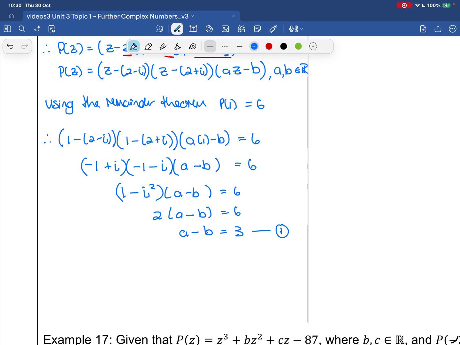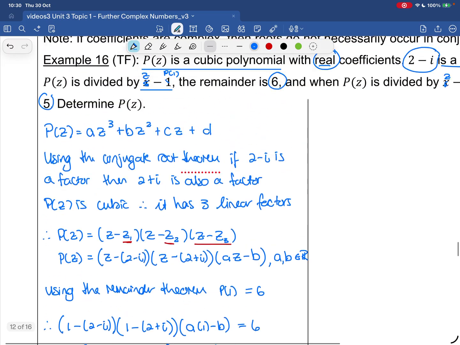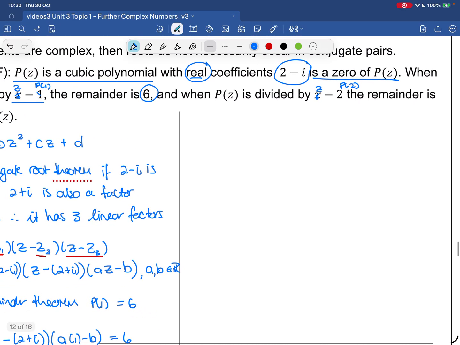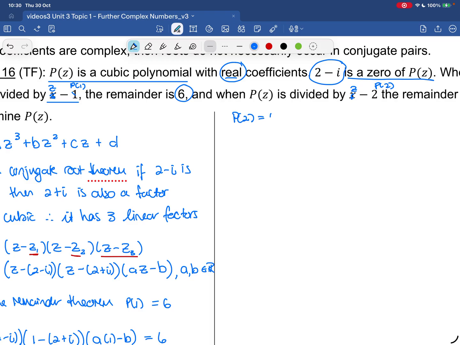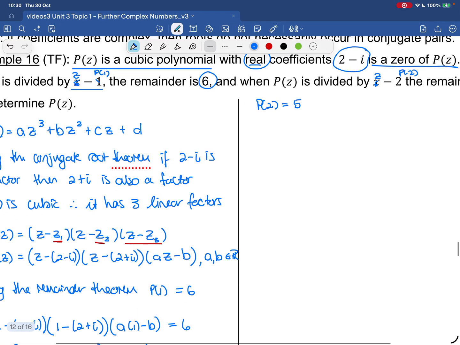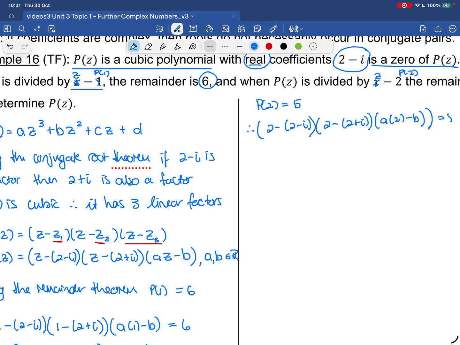Okay, that doesn't look too bad. Let's use the other bit of information we were given. So we were given that P of 2 is equal to 5. That means that every single value of Z, I'm going to put a 2 in. So 2 minus I, 2 minus 2 plus I, A times 2 minus B, and that's equal to 5.